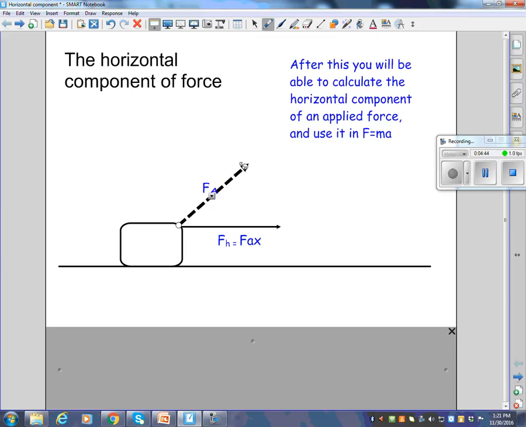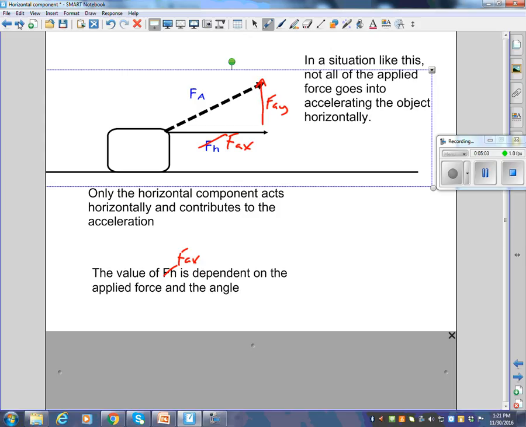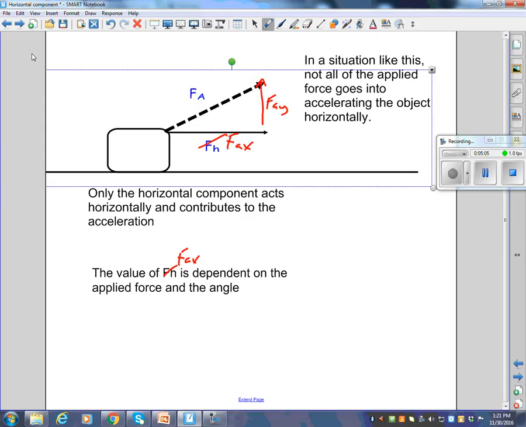If it gets really, really steep, then that horizontal component is only to there, and in fact, more of it is actually vertical. If that angle is perfectly straight up and down, then it's all vertical and no horizontal at all. Okay? And of course, if the force is longer, then it's greater too, right?